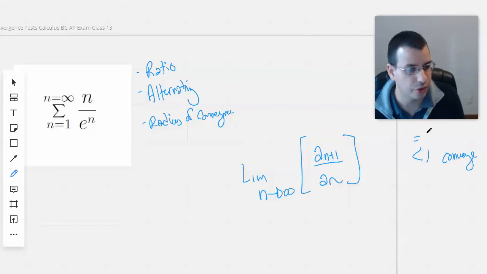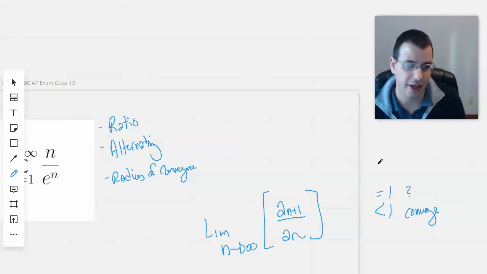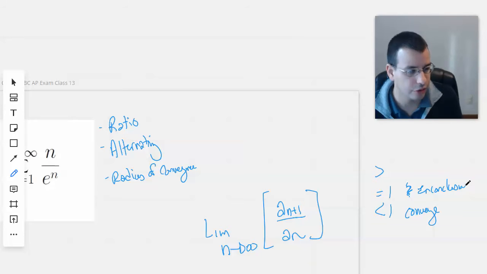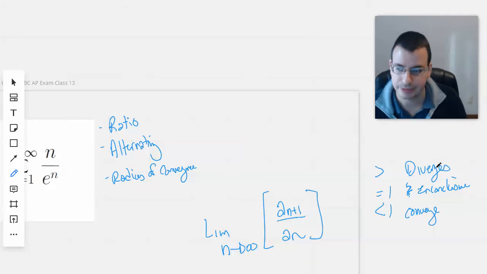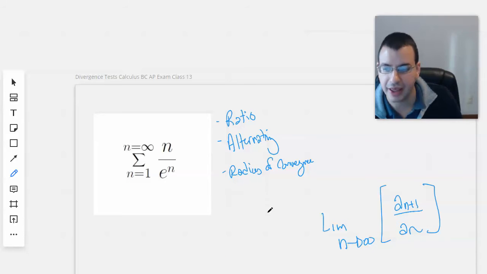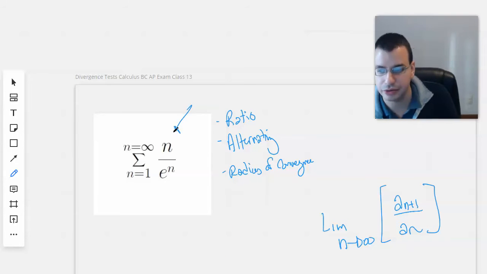If it equals 1, then we don't know; inconclusive is the correct term. And if it's greater than 1, then it diverges. Where this is considered to be a sub n.